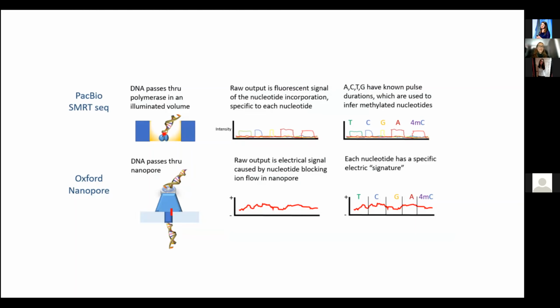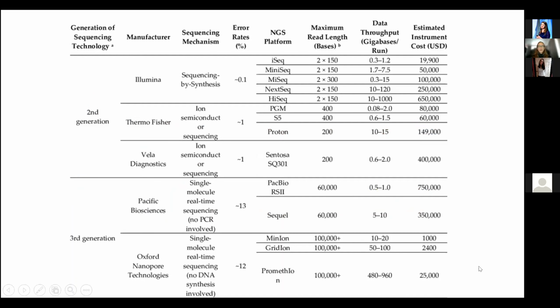The common thing is that the polymerase is fixed in the spot while the strand is moving through. Every sequencing generation and platform, by reason of its methodological approach, carries characteristic advantages and disadvantages, which then determine the fitness for certain applications.